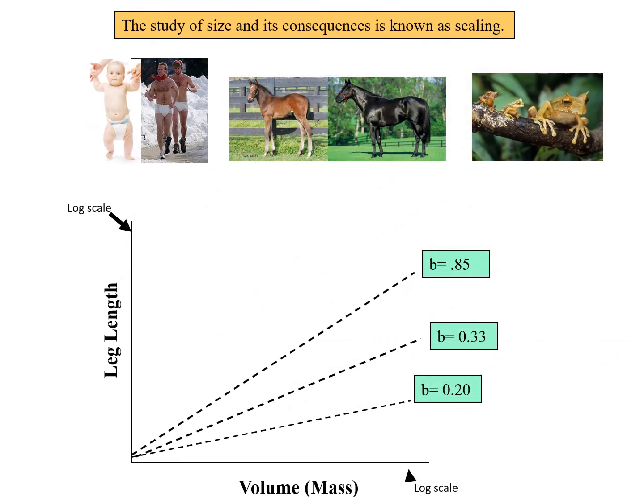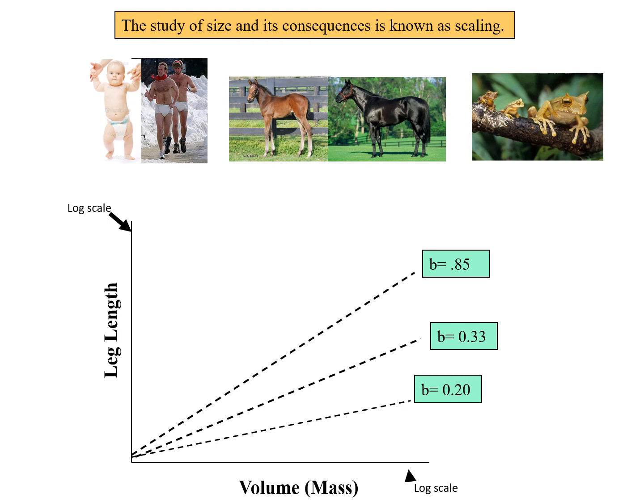I'd like to sum up with this slide, and what I'd like you to do to test your comprehension is to pick out which line describes the ontogenetic scaling relationship for humans, which line describes the relationship for horses, and which line describes the relationship for amphibians.